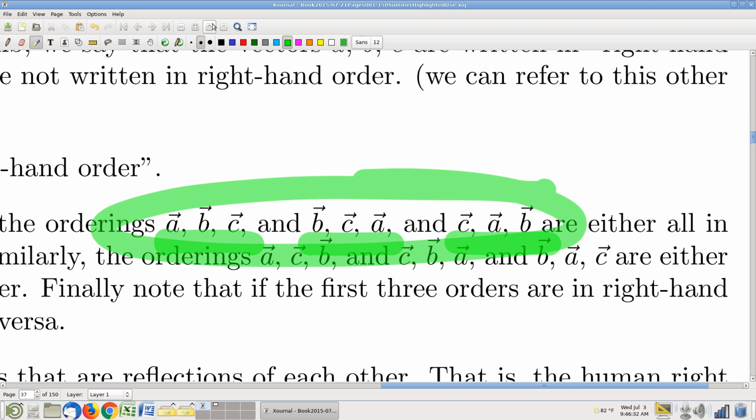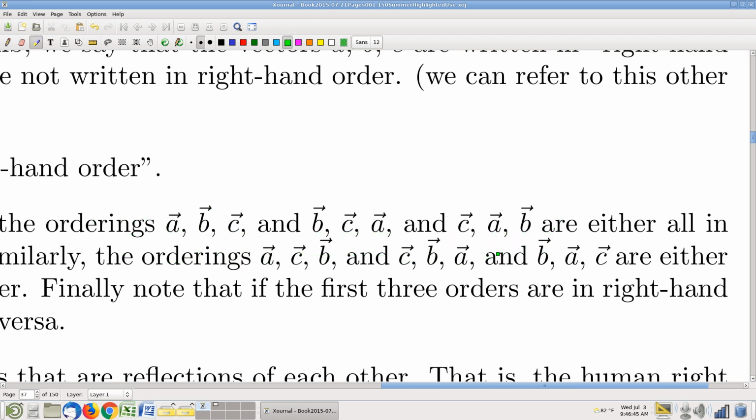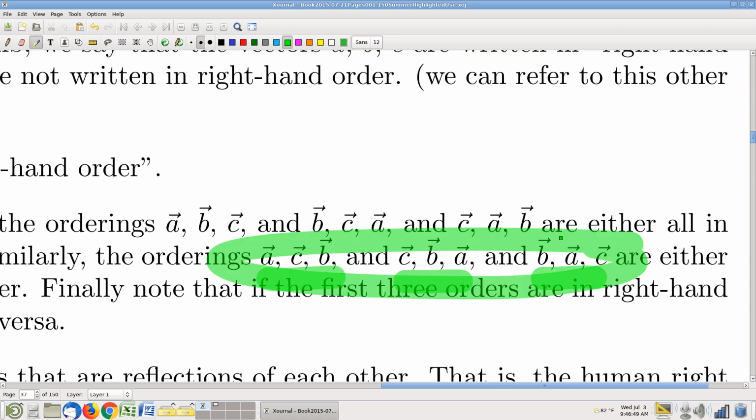Let's just make it geometrically plausible. We don't need to prove this. But these are always going to be the same orderings as each other. Likewise, these three orderings are always the same as each other. And again, it's just this argument here. I don't know whether they're all three right-hand or all three left-hand, but they're all three the same.